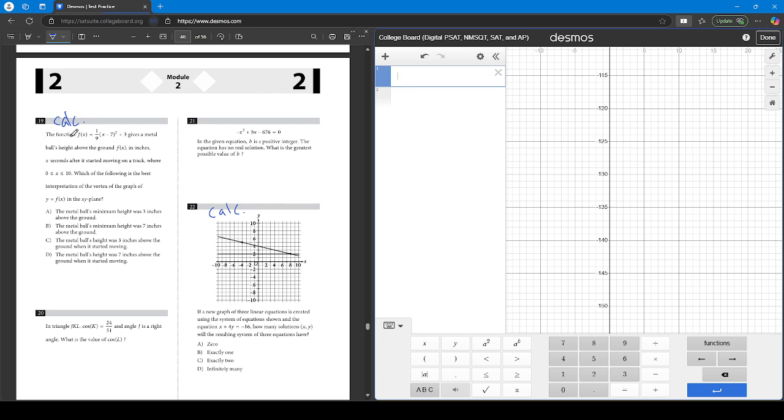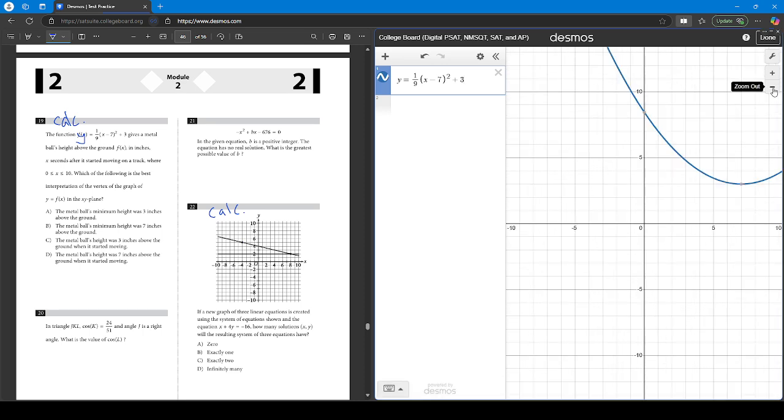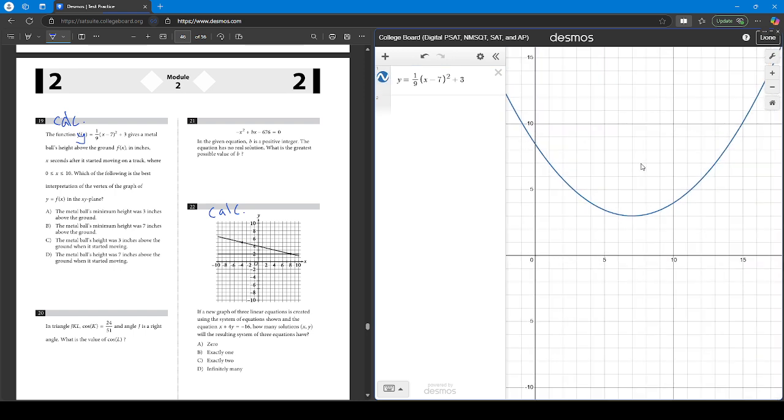Okay, let's see, what does that look like? Again, I'm changing f of x to y. One-ninth x minus 7 squared plus 3. Home. There's my graph. And it's asking, which of the following is the best interpretation of the vertex of the graph?